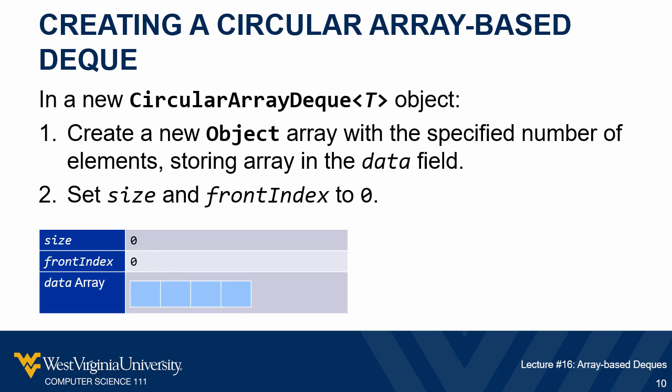In theory, we could set this to any index that we wanted, but I think it's cleanest personally just to start off at 0. So when we do our first add or insertion, whether it's at the front or at the rear, it'll happen in element 0.